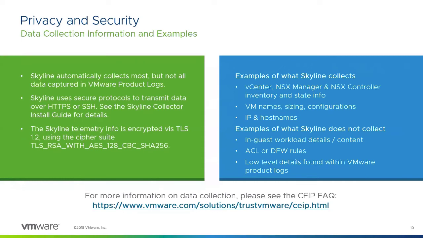Once Skyline collects this information, it will securely transmit it over an encrypted channel, encrypted via TLS 1.2, back to VMware, and then VMware will have its own engine within the walls of VMware, which is extremely secure. It will run up against the engine where we defined all the rules, and based on the matches, we will create and generate the operational summary report, which is generated once every 2 weeks.